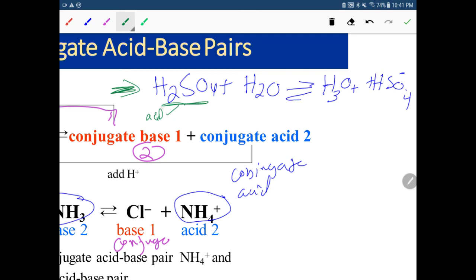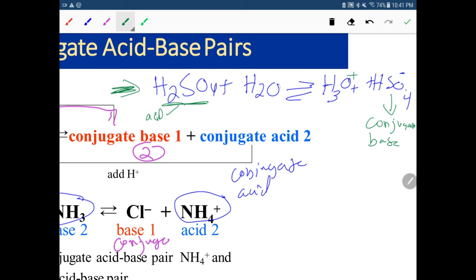As soon as you identify the acid in the reactant side, its corresponding product will be the conjugate base. So since this is the acid in our reactants, this will be the conjugate base. The acid becomes the conjugate base, and then H2O becomes H3O plus.